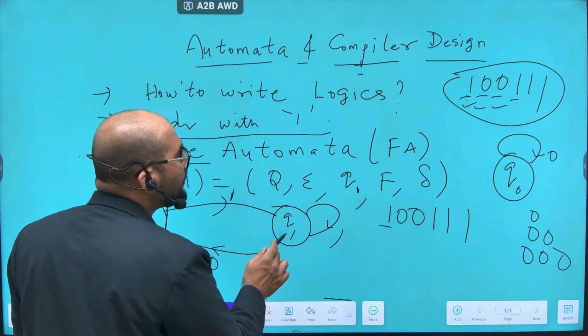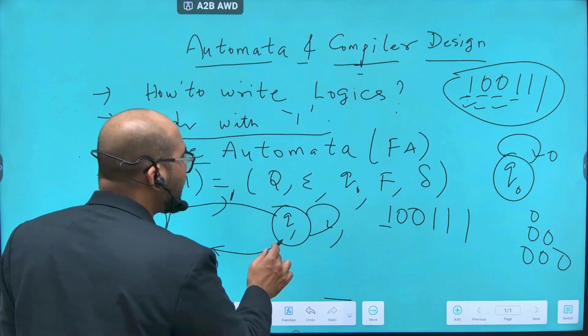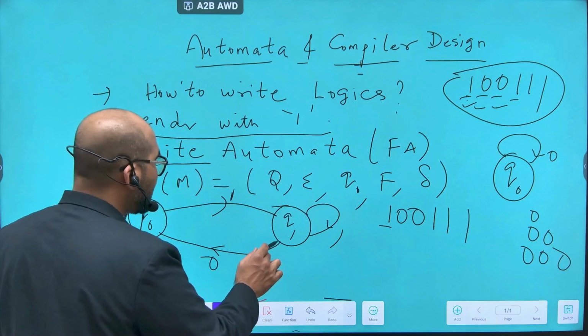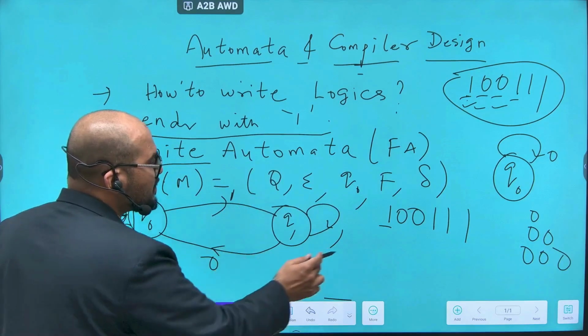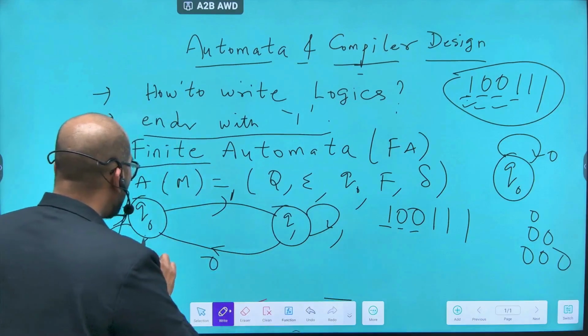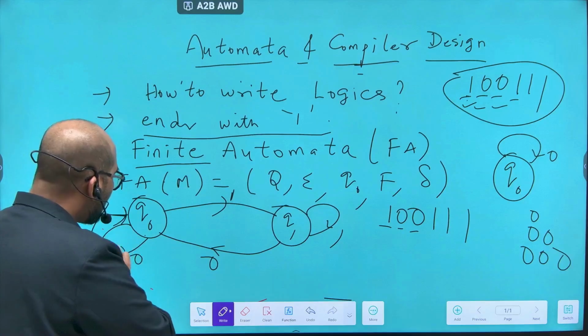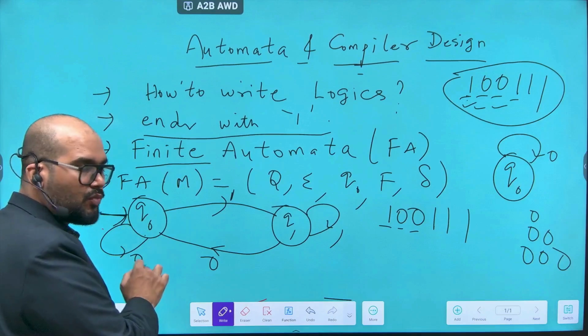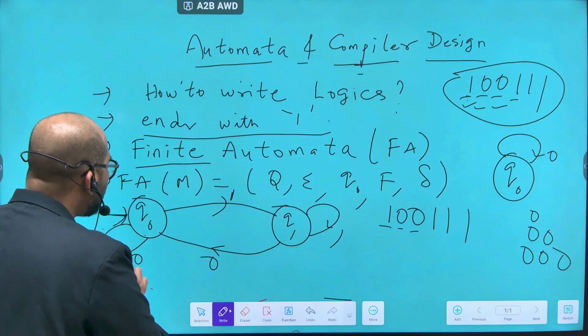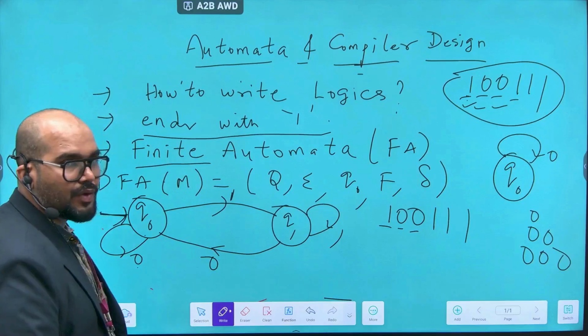The next input symbol is 0, and with 0 it moves back to Q0. The next input symbol is 0 again, so Q0 moves to itself with input symbol 0.